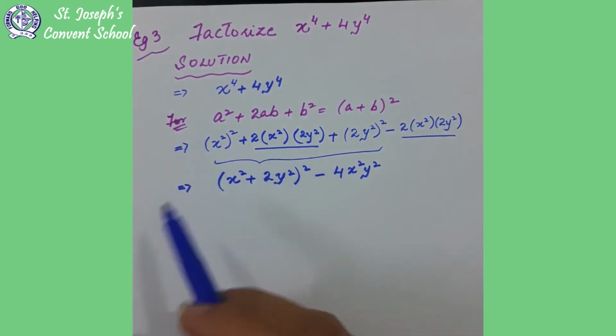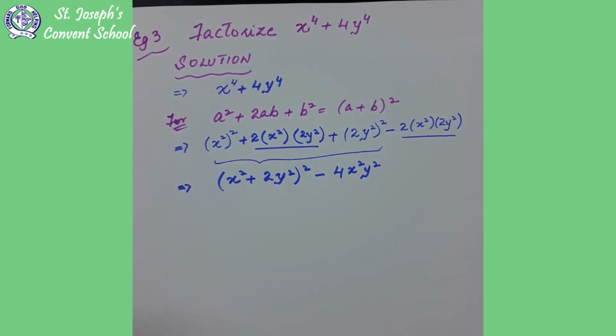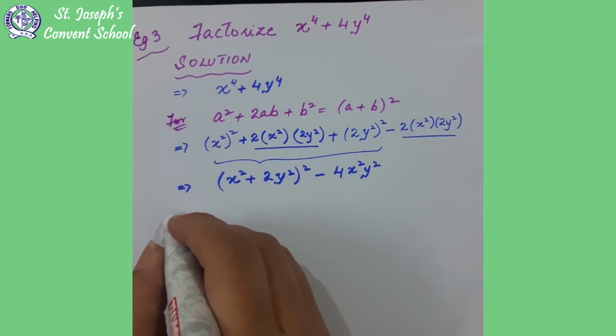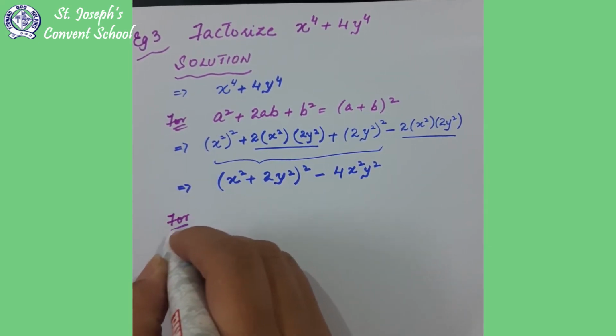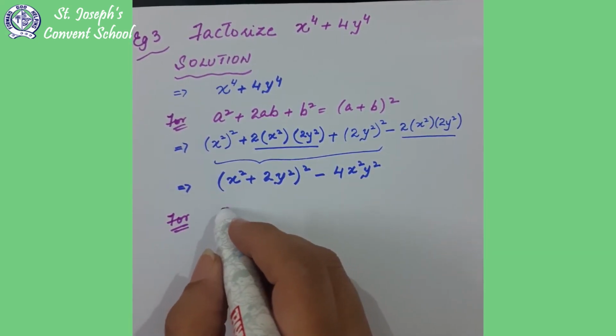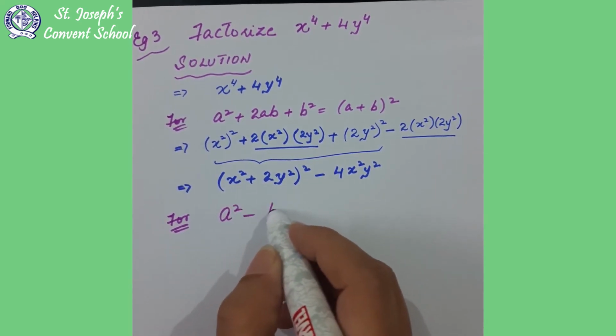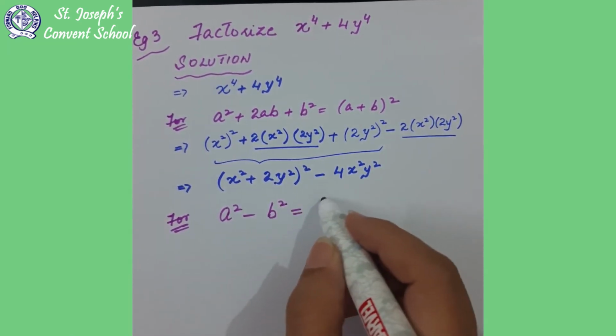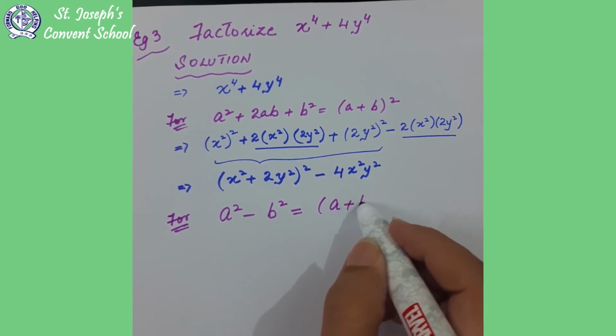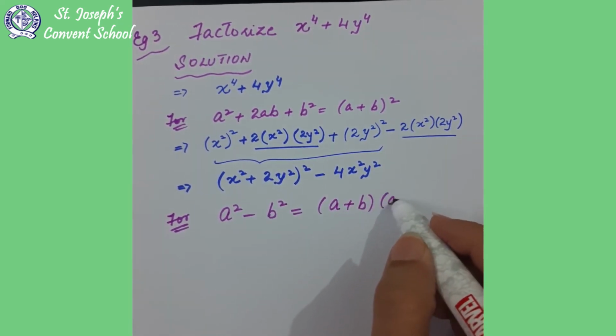So now we are going to apply the second formula. We have applied the first formula, now apply the second formula. Arrange the question according to the second formula. Second formula is a square minus b square equals a plus b and a minus b.